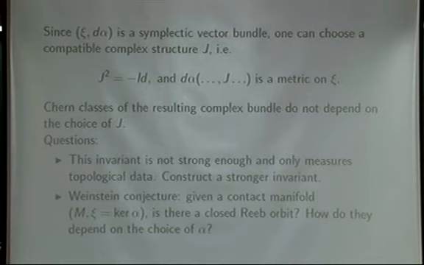Because this is very short, I cannot really give nice examples, but let me point out that if I just take the standard contact structure on S3, the one that I described in these two ways, then every Reeb orbit is periodic. Now instead of taking this round sphere, I can take an ellipsoid, and then there are only two periodic Reeb orbits. So the number of orbits can drop dramatically.